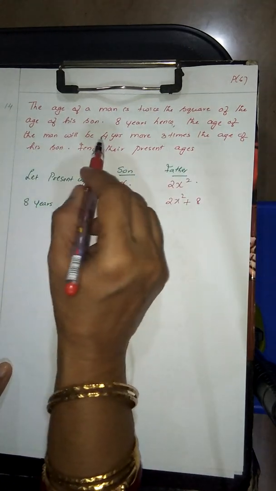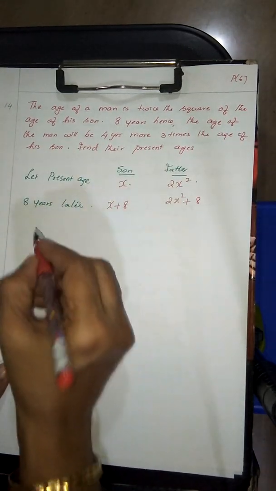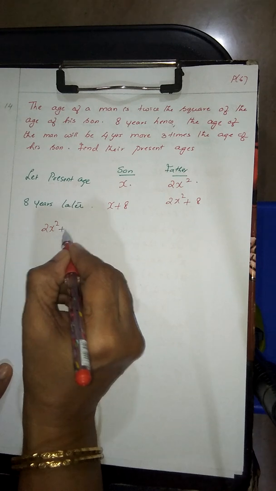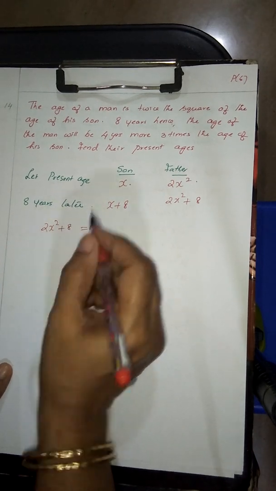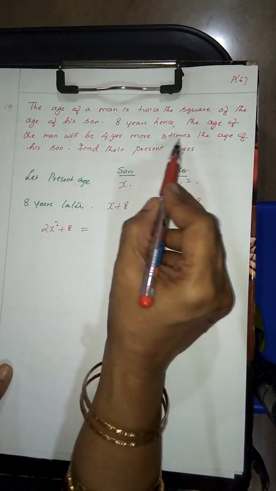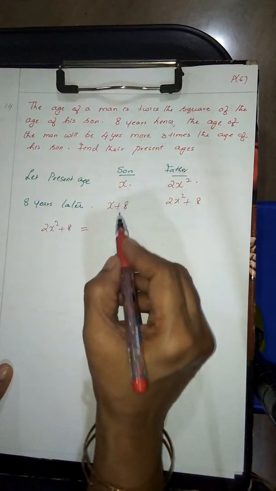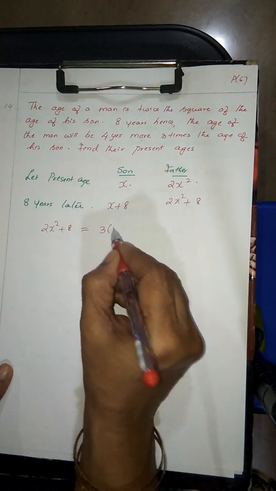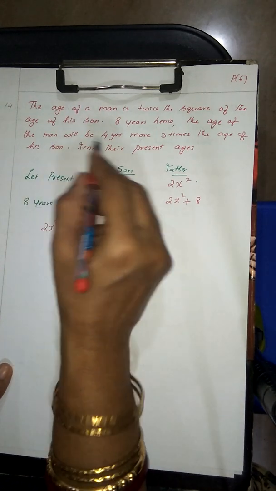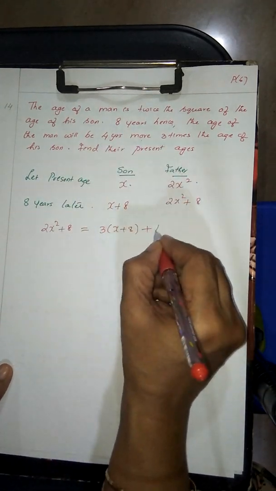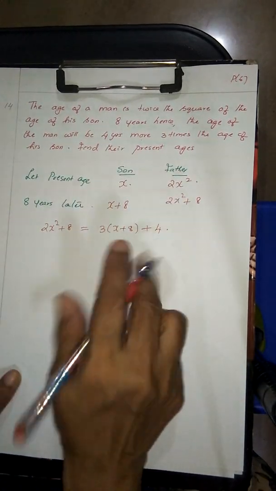The age of the man will be, so 2x squared plus 8 is equal to 4 years more than 3 times the age of his son. So 3 times the age of the son is 3 into (x plus 8). Then it is 4 years more, so plus 4. Now this is the equation.